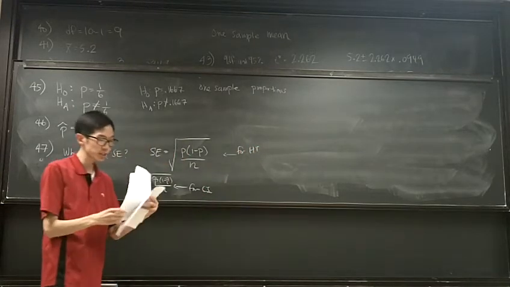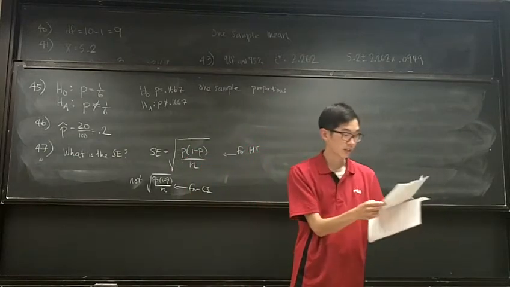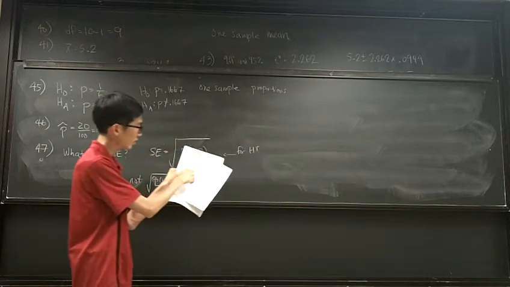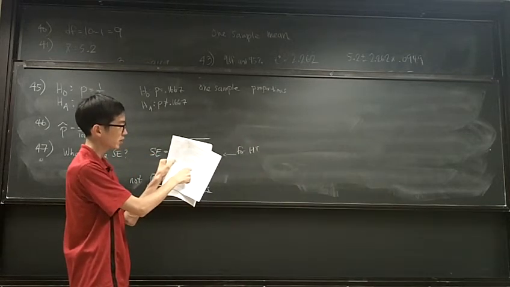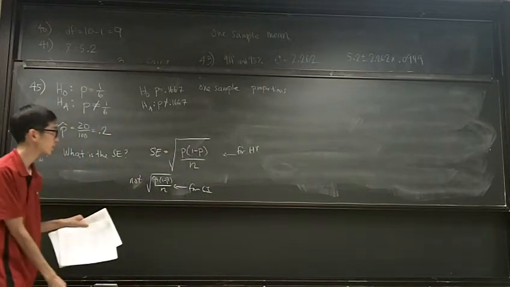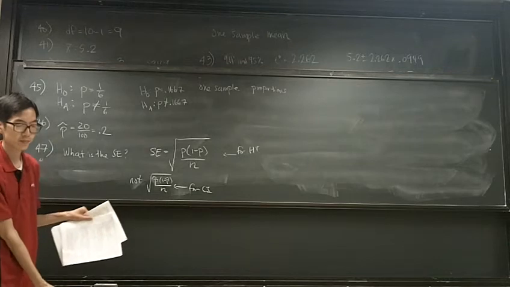It's written correctly in the study guide. If you look at the study guide, for the test statistic, to determine the standard error, it correctly shows p times 1 minus p. So for 47, it's only p hat that should be changed to p.